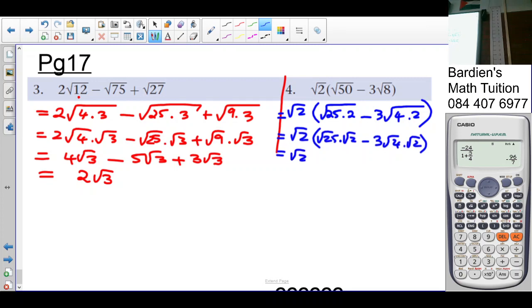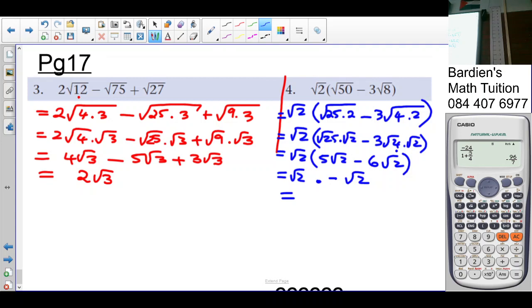It's going to be square root of 2 into, what's the square root of 25? 5 root 2 minus 3, the root of 4 is 2, 2 times 3 is 6, root 2. So what is 5 root 2 minus 6 root 2? Times negative root 2.